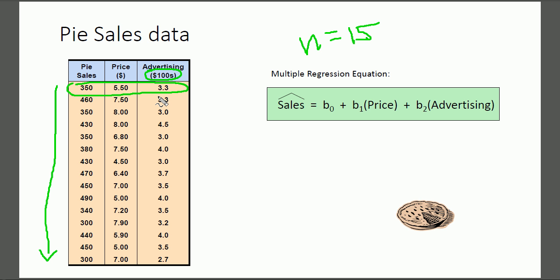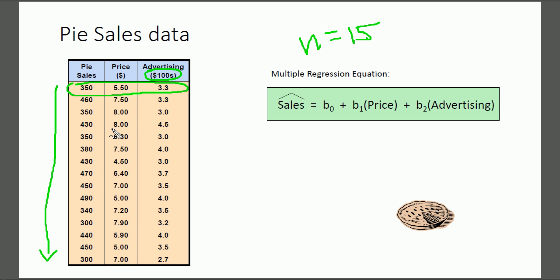You would figure if we spent more on advertisement, pie sales would go up. You would also figure that if the price was lower, pie sales would go up. These are ideas we have going into this, so we can see if the numbers we get for the coefficients agree with what we expect.